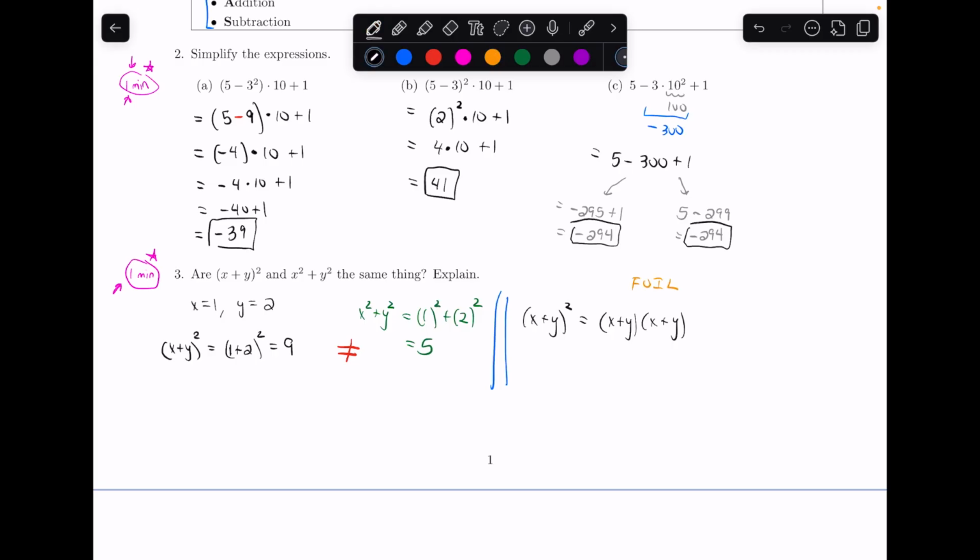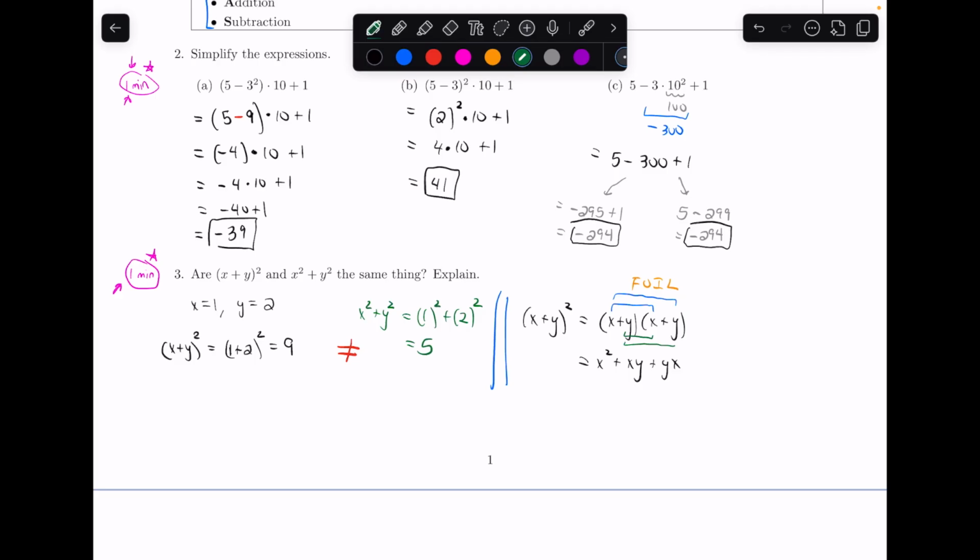When you FOIL, you first multiply the first terms together, x times x, which is x squared. Then you multiply the outer terms, so x times y, that's just xy. Then I stands for inner, so inner terms, y times x, so plus yx. And then finally the L stands for last.